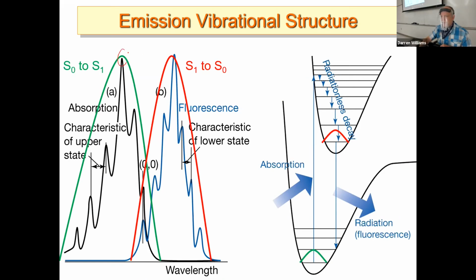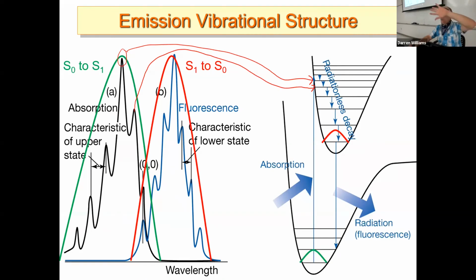So this maximum peak corresponds to this vibrational level right there, and this one here corresponds to this one here. Hopefully you can then see that all those peaks are up there, and that's the absorption spectrum.